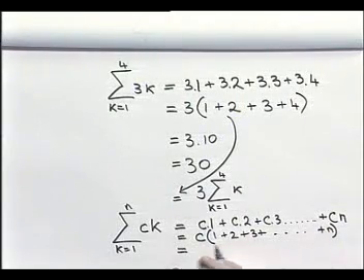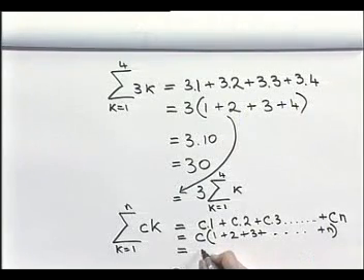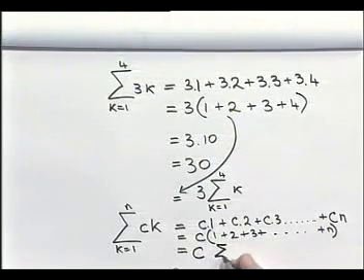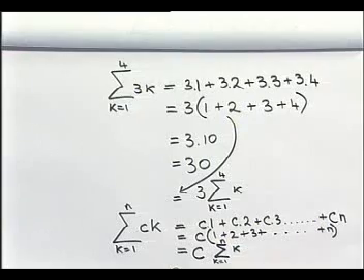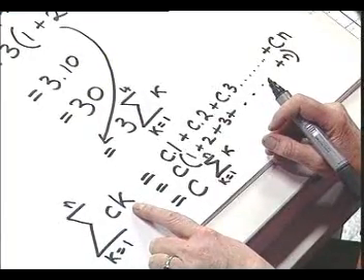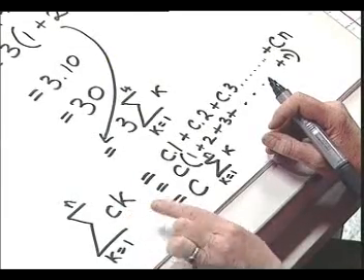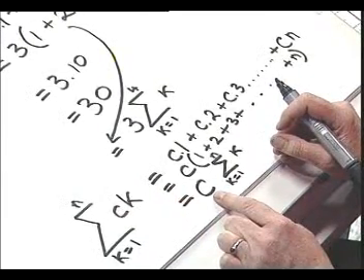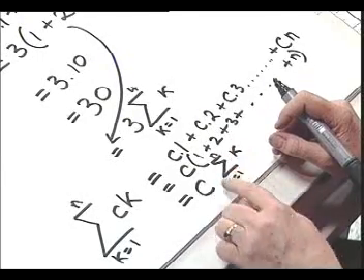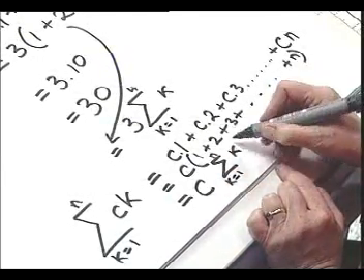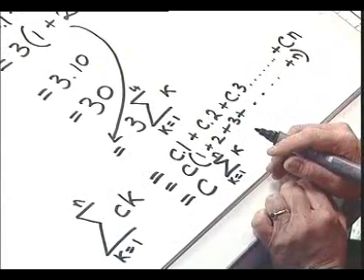And then we can rewrite this using sigma notation. That is c sigma of k from k equals 1 to n. And as I say, quite straightforward. When you've got a sigma of c times a variable, c being a constant, you can take the constant outside the sigma notation and you're left with c times the sigma of k from k equal 1 to n. That's another very useful result that you should remember when using sigma notation.